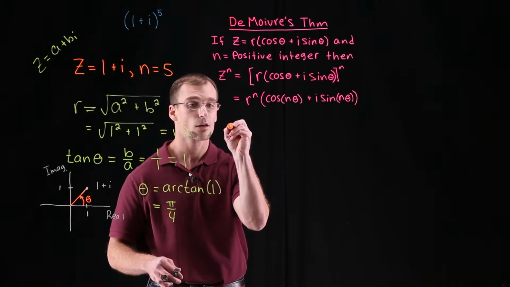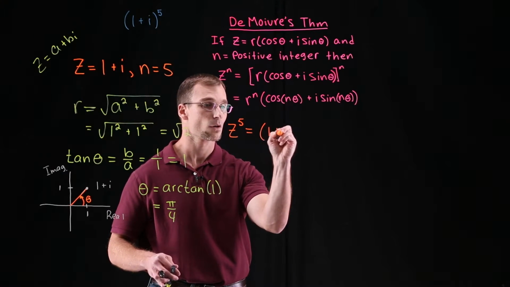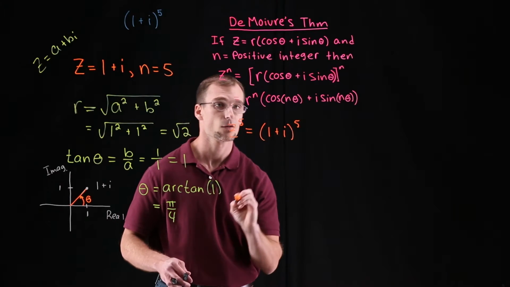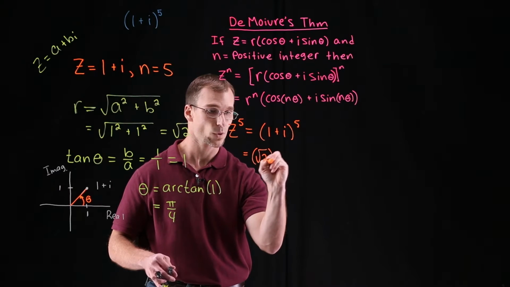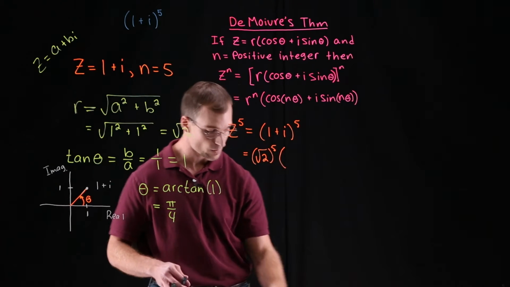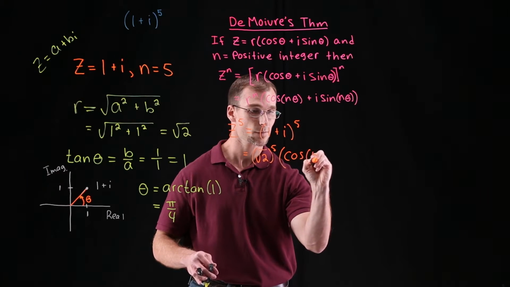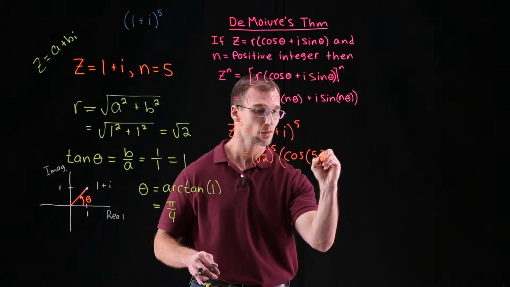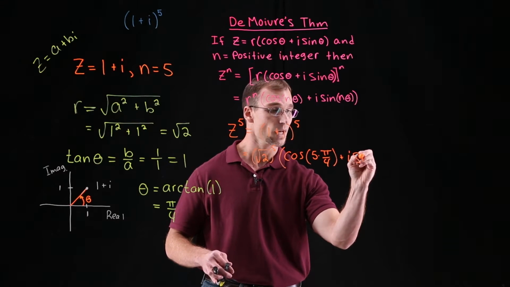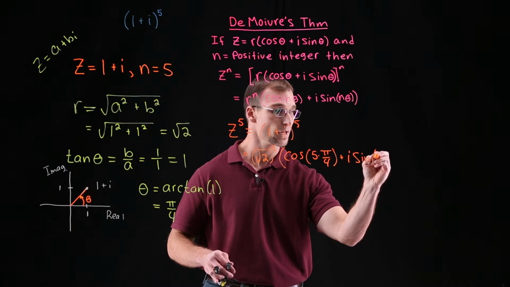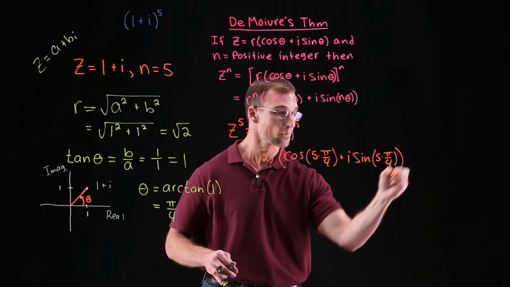So z to the fifth, or (1 + i)^5, is going to be equal to r to the n, or square root of 2 to the fifth, times the quantity cosine of n times theta, or 5 times pi over 4, plus i times sine of 5 times pi over 4.